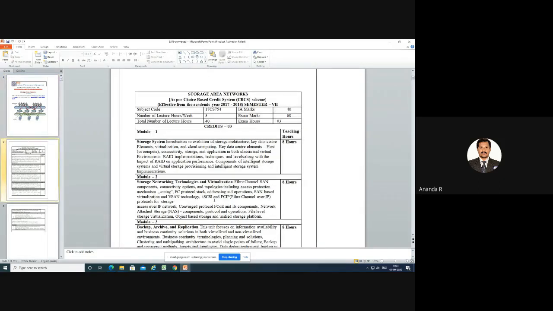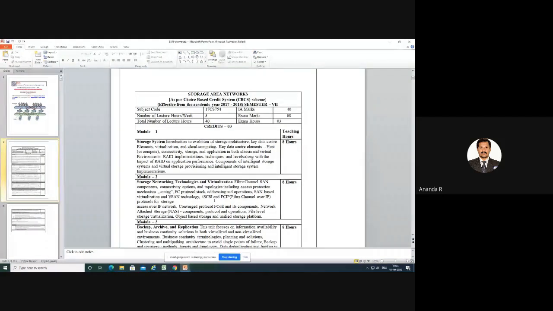If I go to the syllabus part of your storage area network, I already explained it once in the last class, so let us go through it in detail. The first module is completely about the storage system.